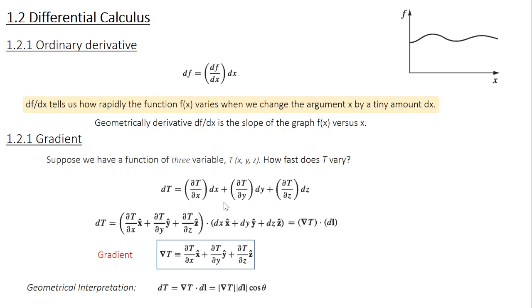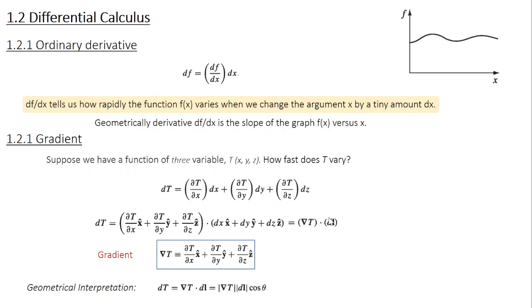Now this is a scalar product which I can write as dot product of two vectors. So dt equal to dou t by dou x x cap plus dou t by dou y y cap plus dou t by dou z z cap, dot dx x cap plus dy y cap plus dz z cap. Now the second vector, this is the displacement. It gives you displacement in x, y, z direction.